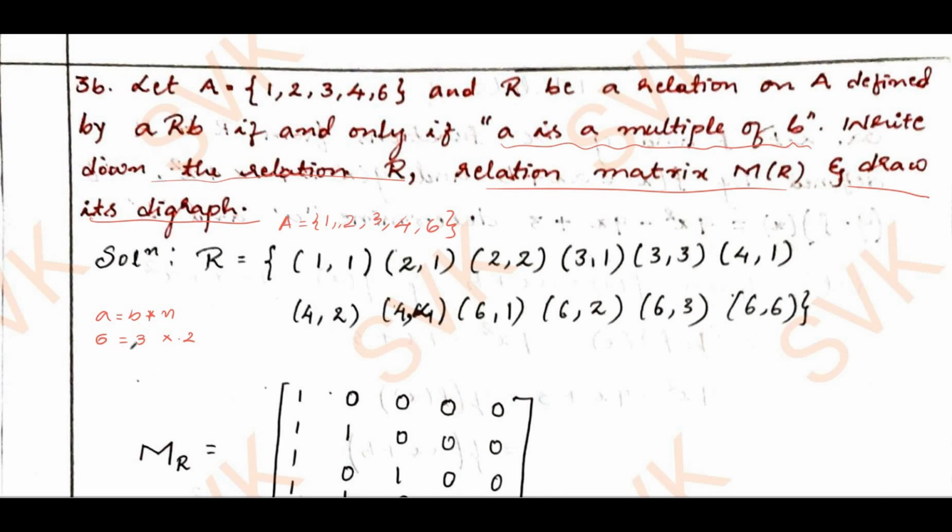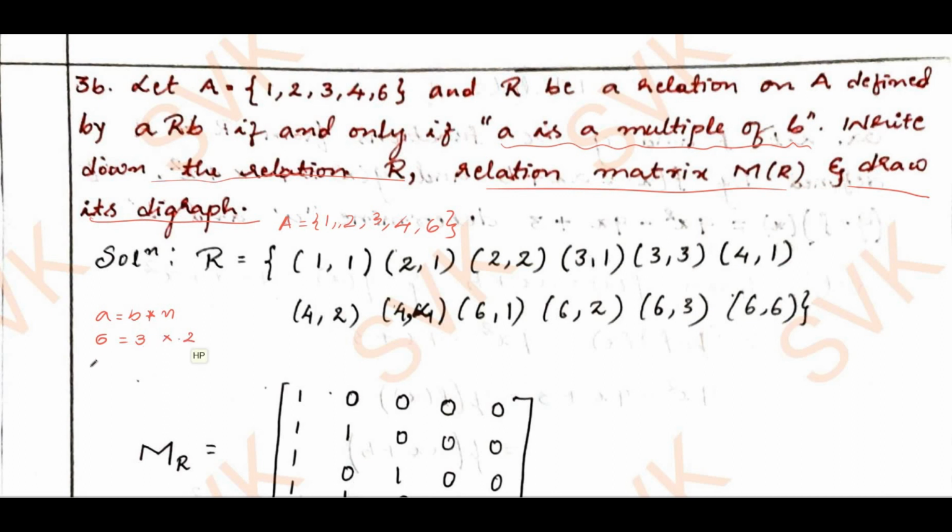So I can say that 6 is a multiple of 3. That is, a is a multiple of b. 6 is a multiple of 3, multiplied by some constant, 2 here.